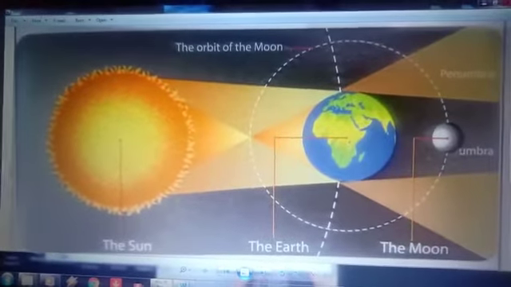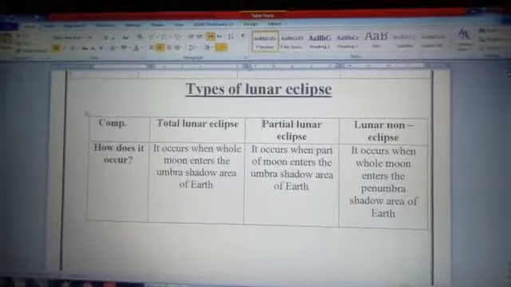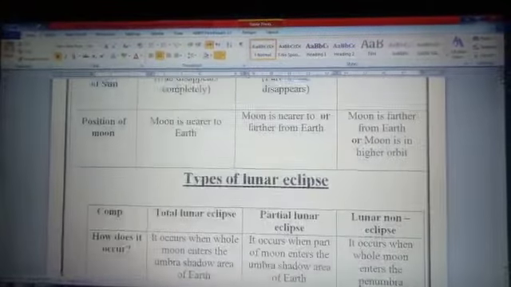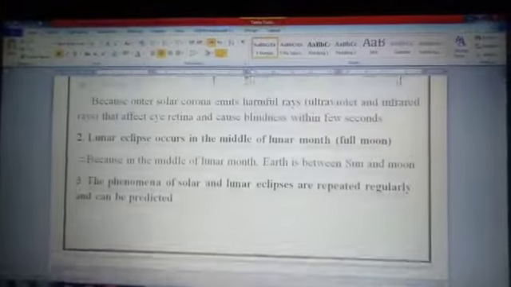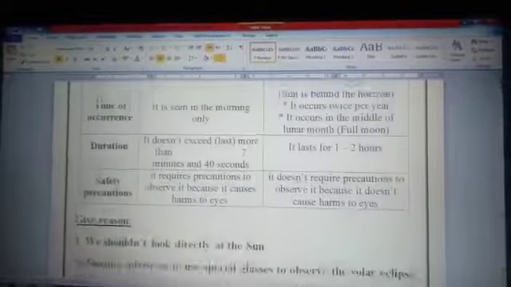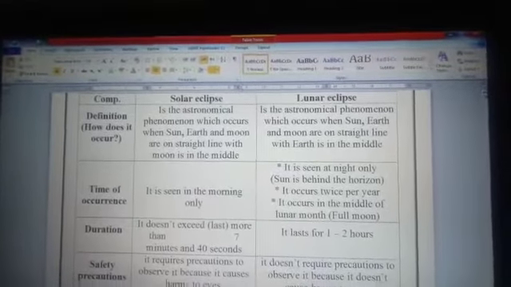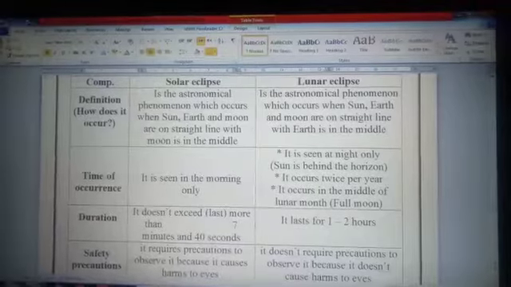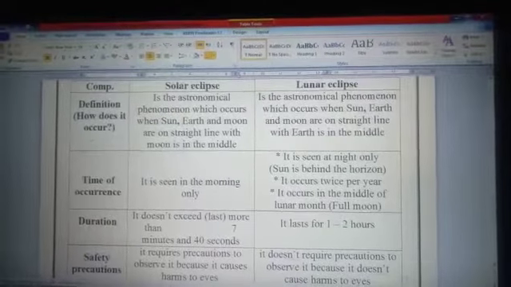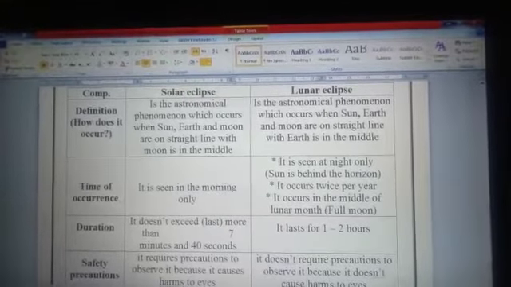So, let's compare between solar eclipse and lunar eclipse. Both of them are phenomena, but what is the difference? The first difference between the solar and lunar eclipse is the position of the earth and the moon. In solar eclipse, where is the moon?